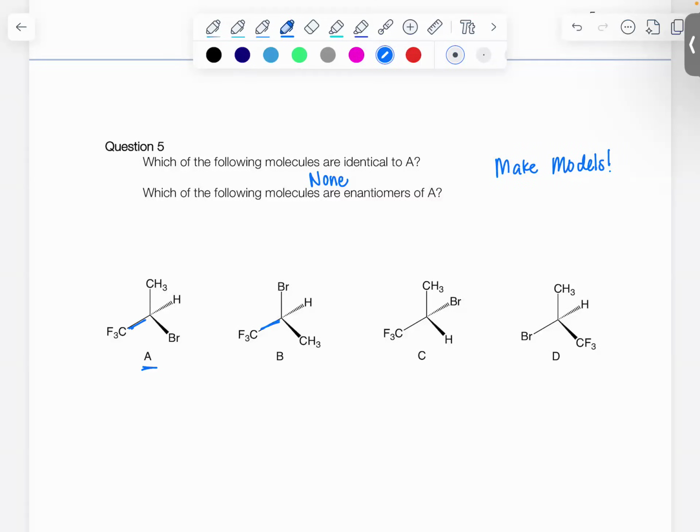They are both in plane. And then our proton is also in plane, but the bromine and the methyl have flipped. So now we have a bromine here and a methyl here. So A to B, those are enantiomers.